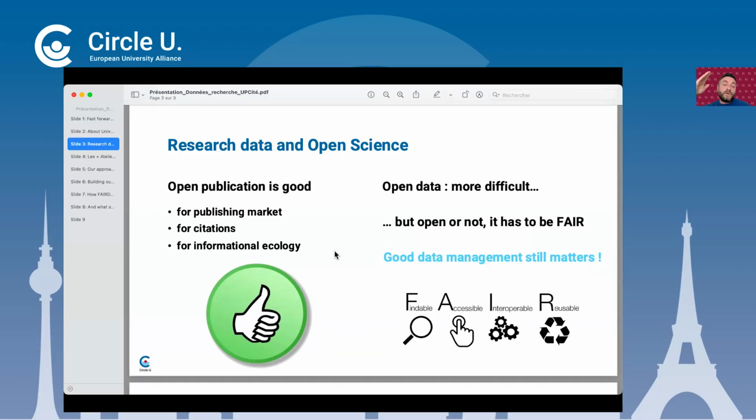Today, there's a broad agreement that open access to publications is a positive development. It helps rebalance the relationship between researchers and large academic publishers, increases the visibility and impact of research, as was said before, and promotes the circulation of high quality scientific knowledge.